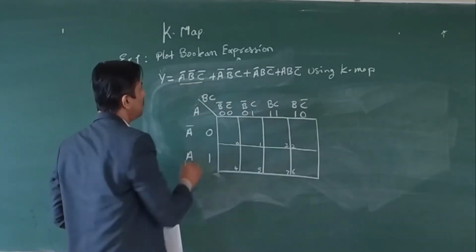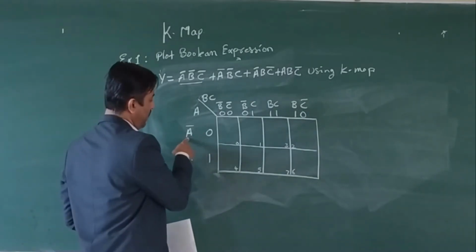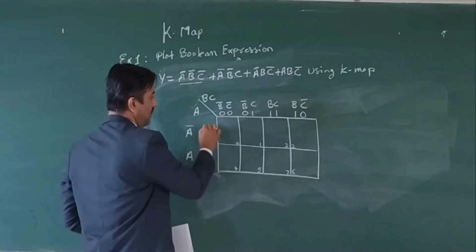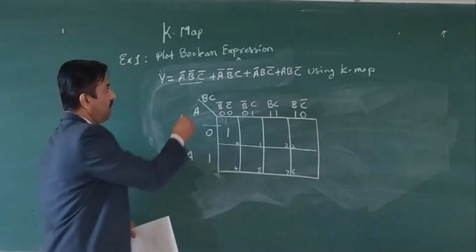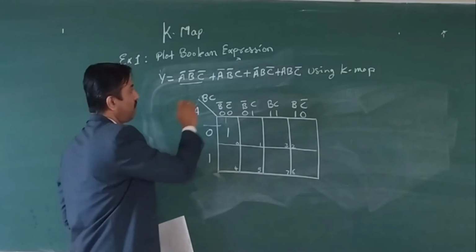The first one is A bar B bar C bar. So yes, it comes here. I am going to plot a 1 here. Now, the first product term is over in the given standard sum of product form expression.